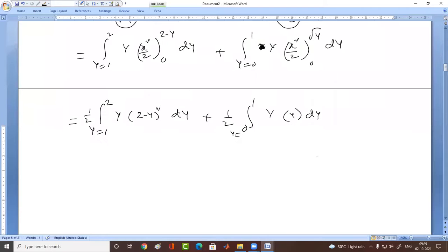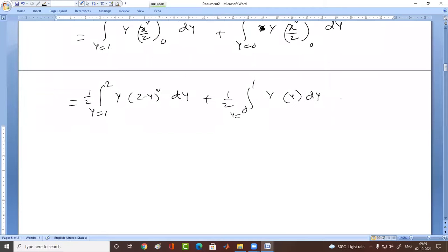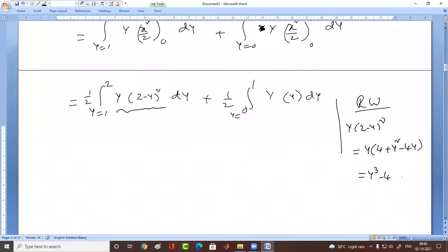Okay. Like our previous problem, y into 2 minus y whole square, this expansion: y into 4 plus y square minus 4y. So after simplifying, y cube minus 4y square plus 4y.